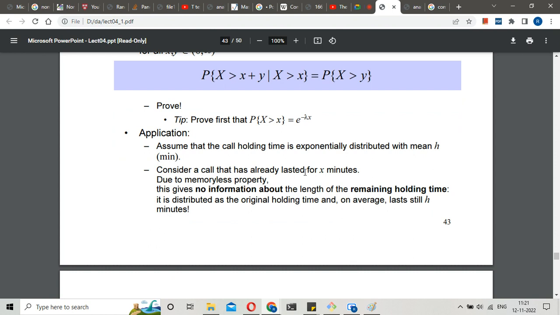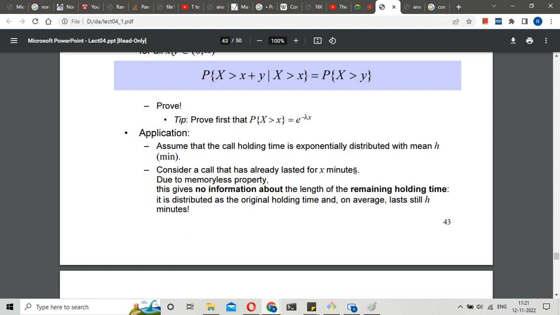Consider that a call has already lasted x minutes. Whether it will go for another h minutes is independent of the previous x minutes, right? So you talked with your mom for 5 minutes. Now you are going to talk for 7 more minutes. It is independent; it does not have any information on whether you talked for 5 minutes or not.